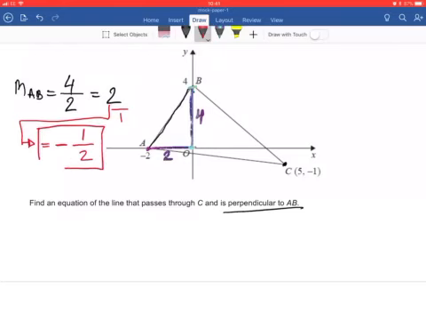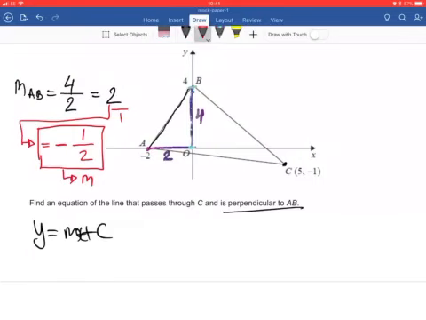So this is the m that interests me, the gradient of the perpendicular. Let's grab our y equals mx plus c again. We know that we need the m and the c, and we don't have the c at the moment.